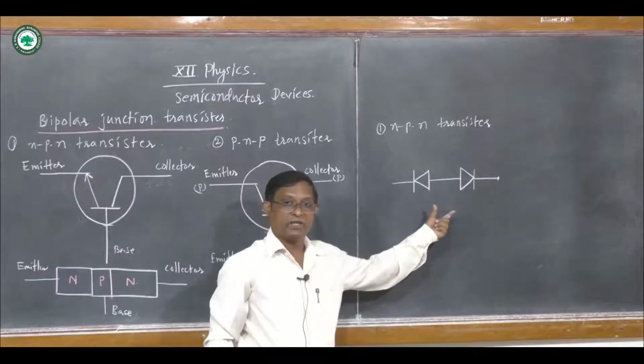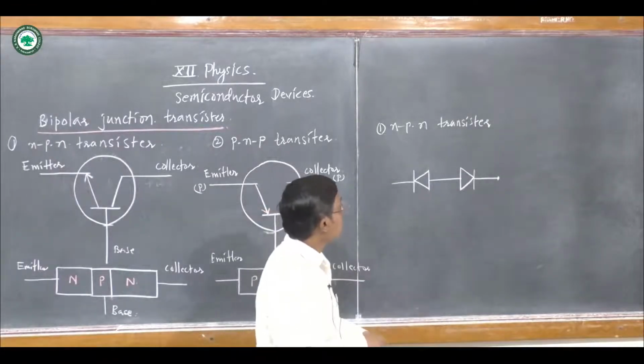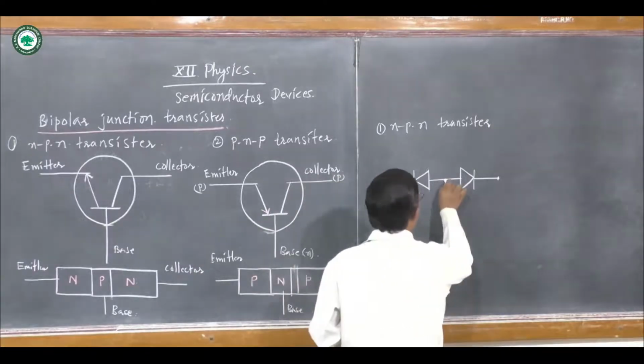In this way the two diodes are connected back to back to each other in the NPN transistor.